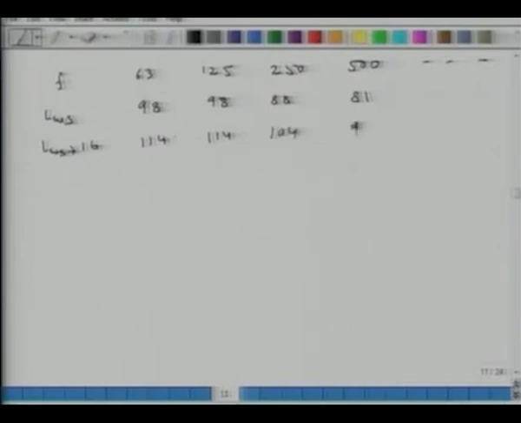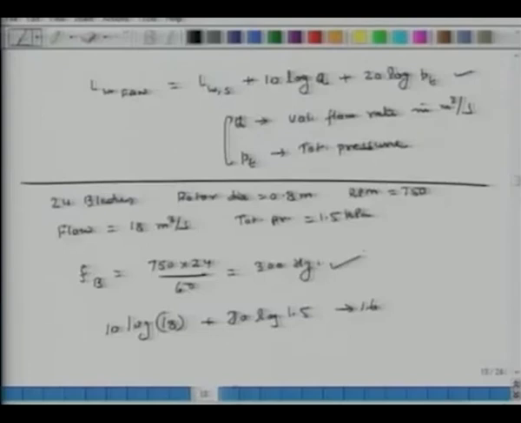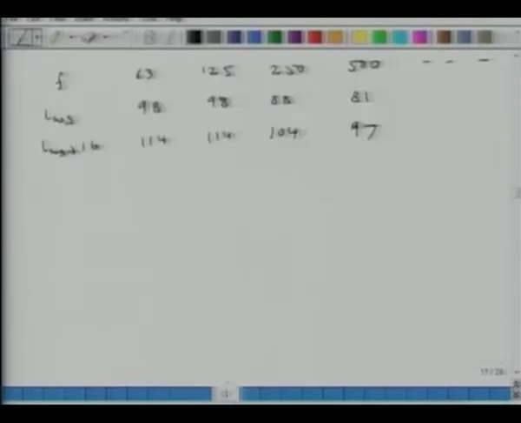So this is the sound power level this fan is going to emit for all frequencies except at 300 hertz. For 300 hertz, what is the adder I have to put?